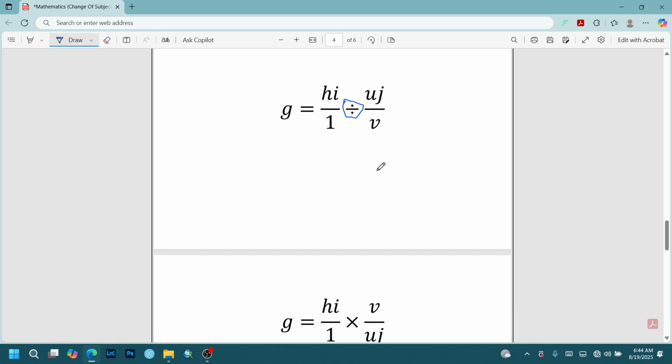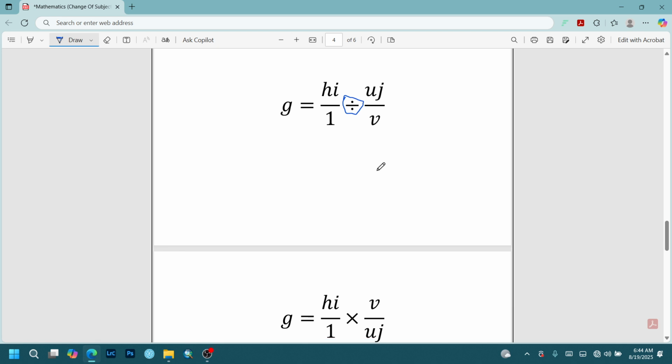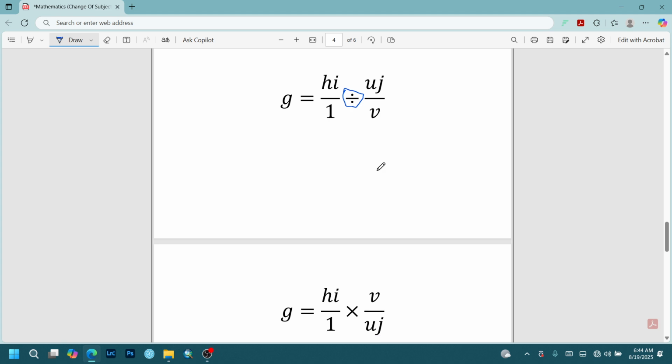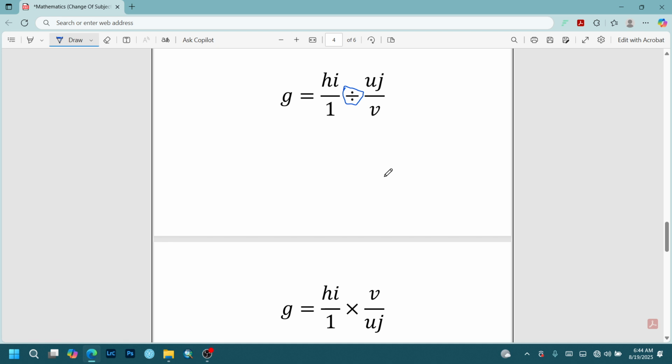As the mathematical sign of division changes or metamorphoses to multiplication, we are going to have our new equation here to be J equals the fraction HI over 1 multiplying the fraction V over UJ, right?